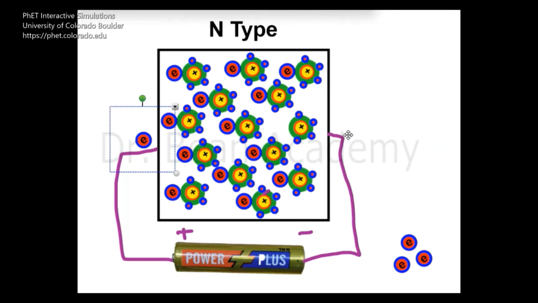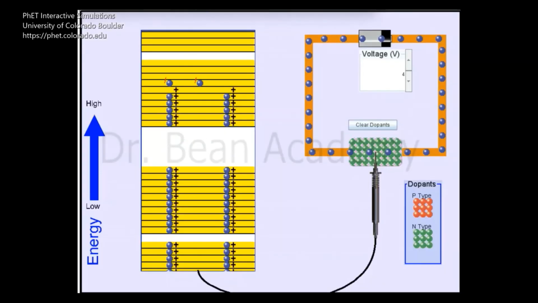And we say that the majority charge carriers in the n-type material are electrons. So when we see this diagram, it shows in the energy level diagram that current is flowing because the electrons have jumped to the conduction band, because some electron in the material itself detached from its nucleus.